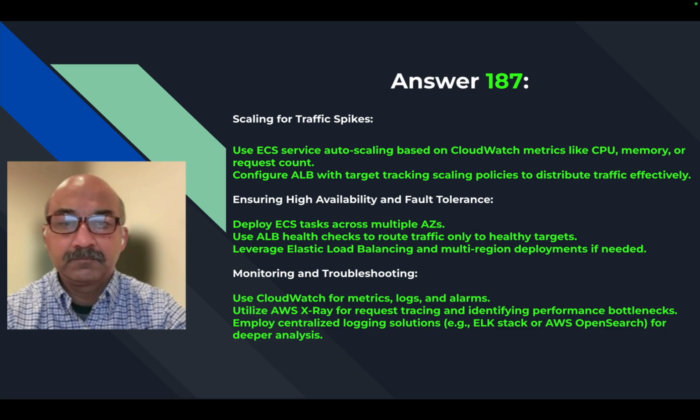What that means is the ALB should know which backend container or pod to send the traffic to, based on how used that particular node or pod is. So you want your ALB to be intelligent in that way. So that's scaling for you.